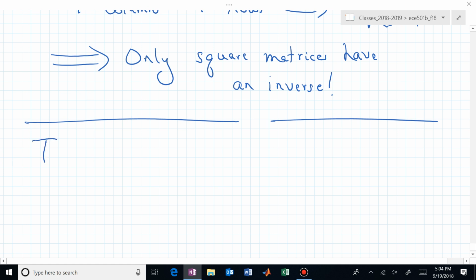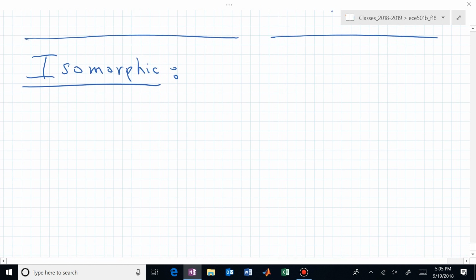Let's look at this concept of isomorphic. And I know that one of the main reasons you took this class is so that you could learn some new words, right? Isomorphic.